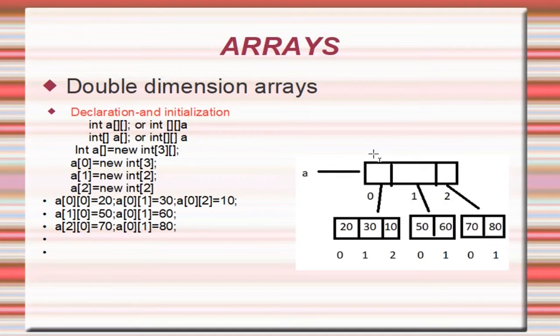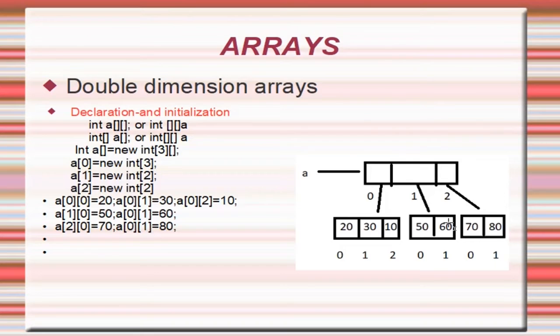Array of arrays. a of 0 is one array, a of 1 is one array, and a of 2 is another array. This a of 0 is holding this array's reference, and a of 1 is holding the reference of this array, like this. So multi-dimensional arrays are arrays of arrays.